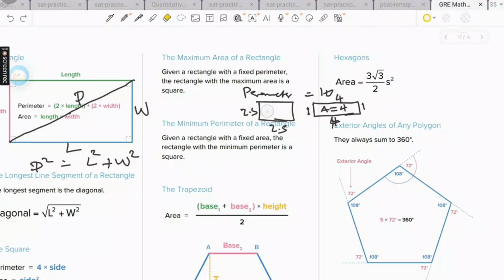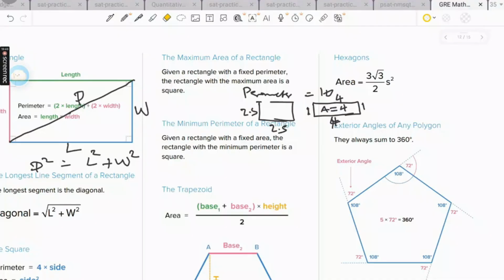Don't forget how we started this. Given a rectangle with a fixed perimeter, the rectangle with maximum area is a square. Given a rectangle with a fixed area, the rectangle with minimum perimeter is a square.